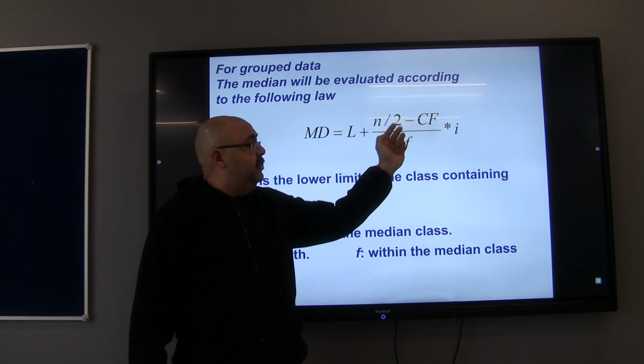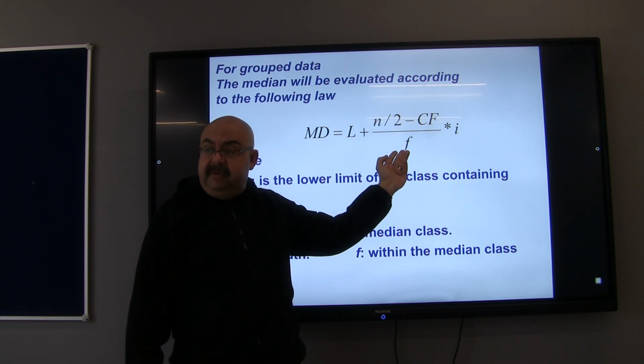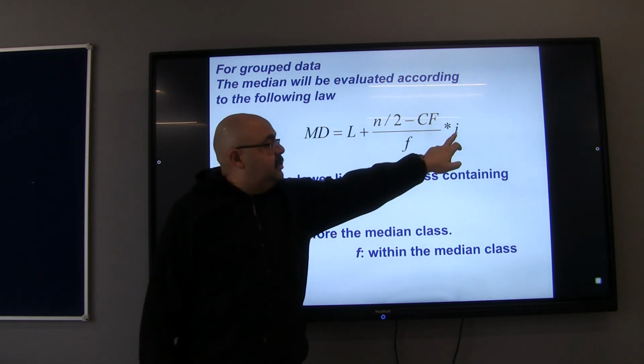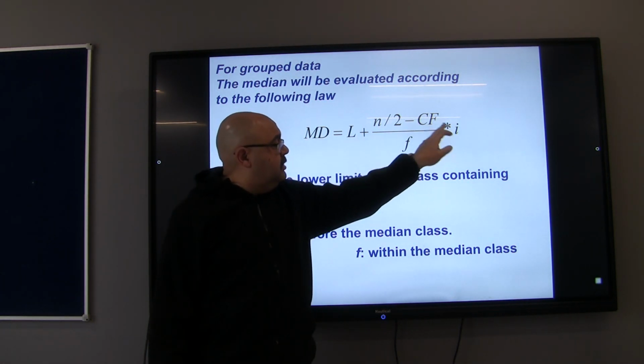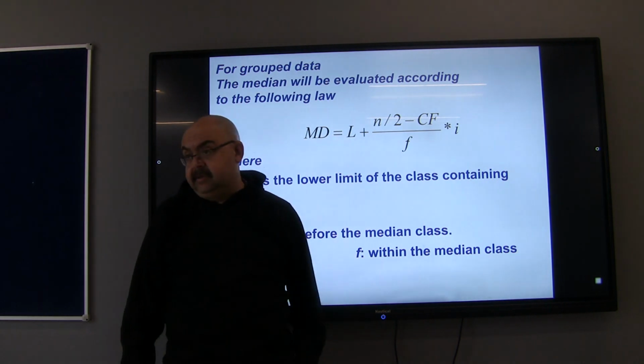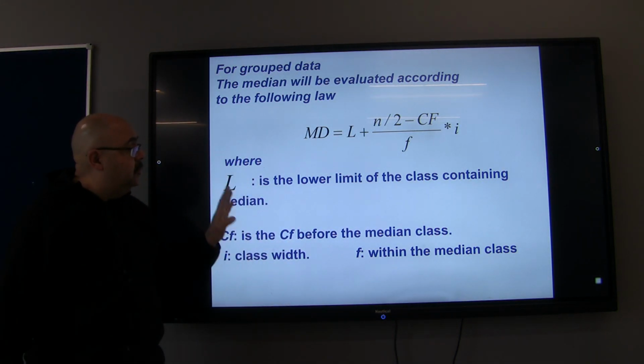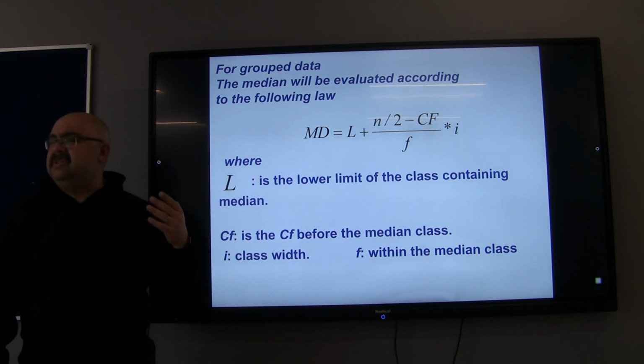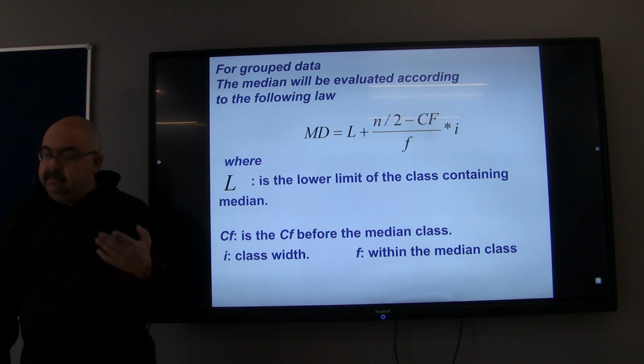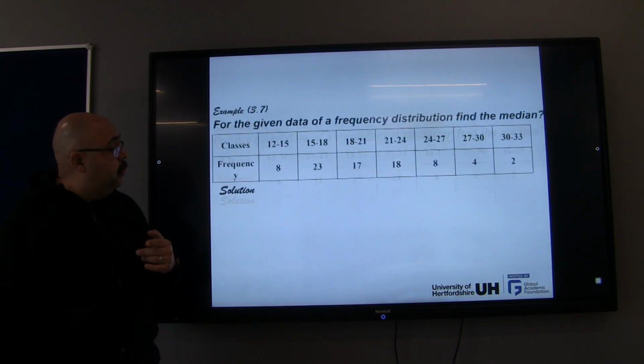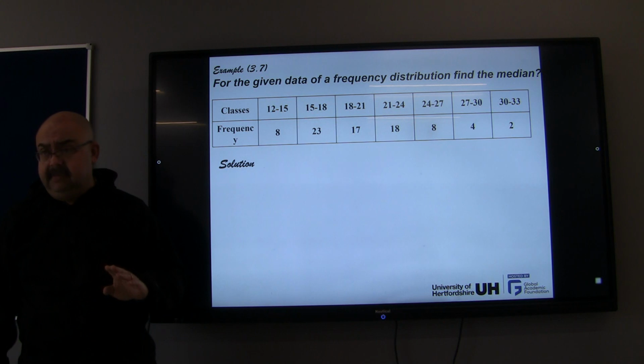Then take the difference divided by the frequency of the median class, times the interval width of the median class, plus the lower limit of the median class. Going through this law this way makes it look difficult, but if we go through an example it's going to be really very simple.